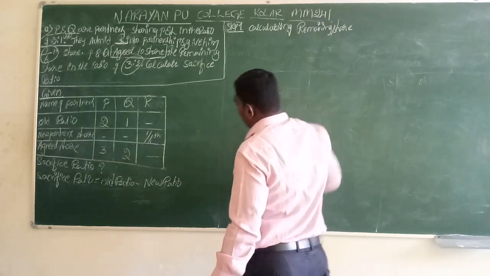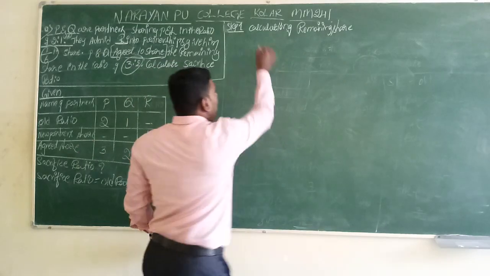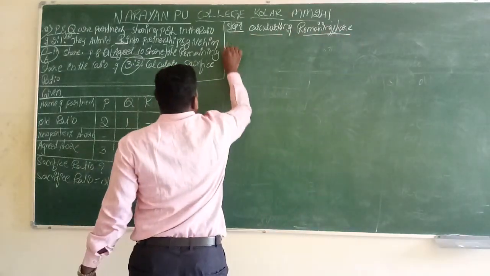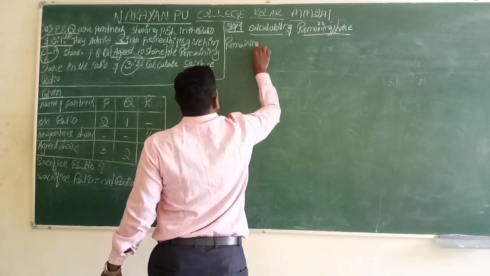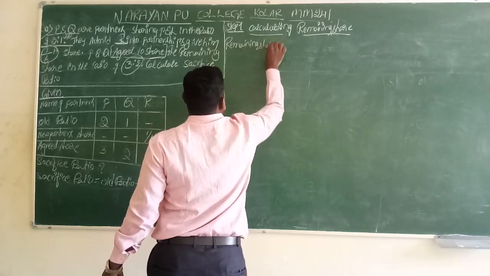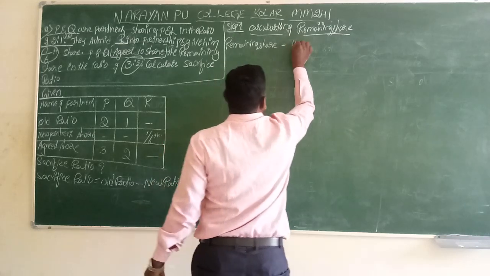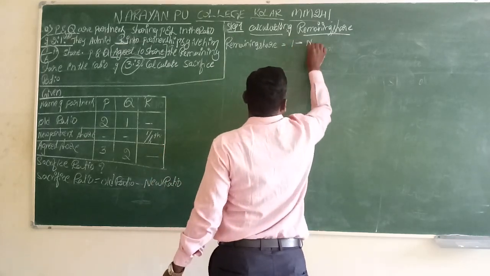Calculation of remaining share. This is step number 1. Therefore, remaining share is equal to 1 minus new partner's share.